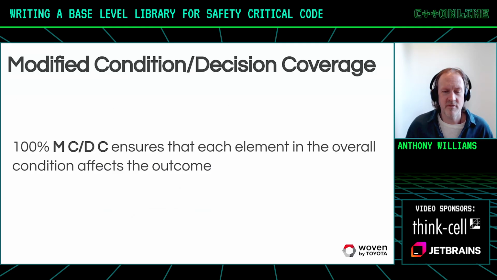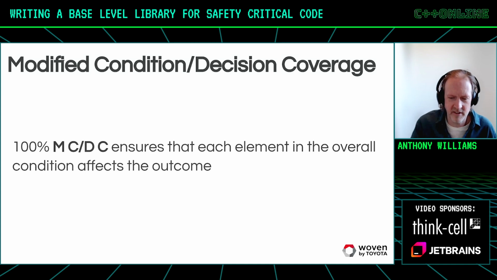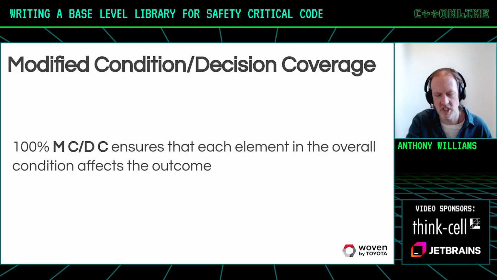The crucial point is that every element in your condition, so A and B and C, all do actually affect the outcome, and it avoids you having something which never affects the outcome because it always goes the same way as something else. Now, if you can't construct cases for those 4 lines where just the one thing varies, then maybe your conditions are tied together in some way, such that 2 of them are always true together.